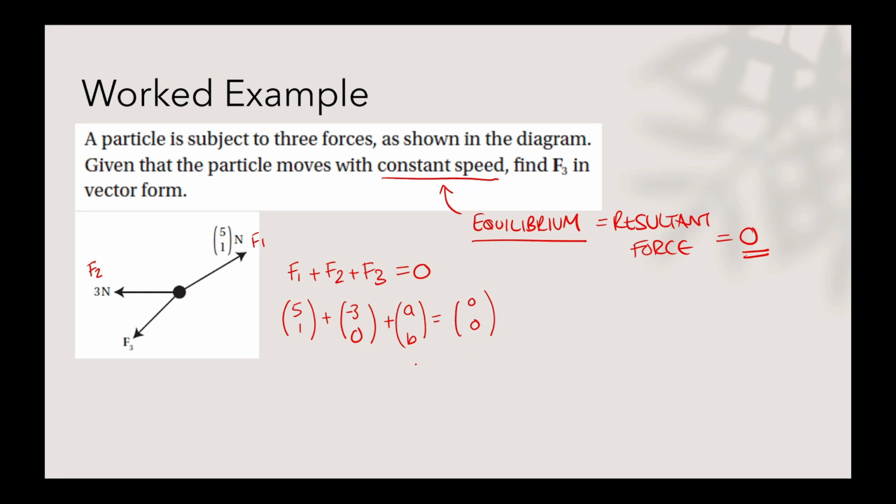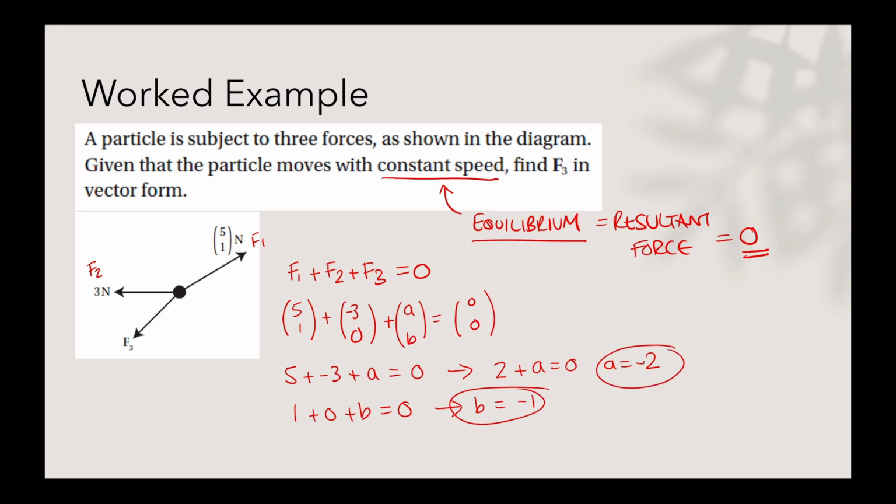From this, I know 5 plus -3 plus A equals 0, so 2 plus A equals 0, so A is going to equal -2, and 1 plus 0 plus B equals 0, so B is going to equal -1. So my final answer in vector form is (-2, -1).